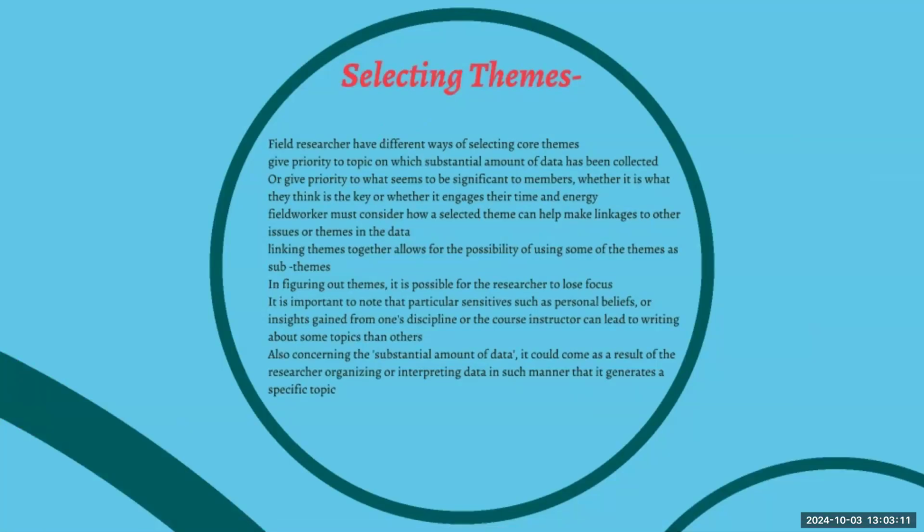So when you are doing this ethnographic research, you really just have to select core themes that will shape the analysis. The themes that we're looking for come from emerging patterns in the data or from researchers' insight on what is the significance for the group. Some themes may be based on the amount of data collected.